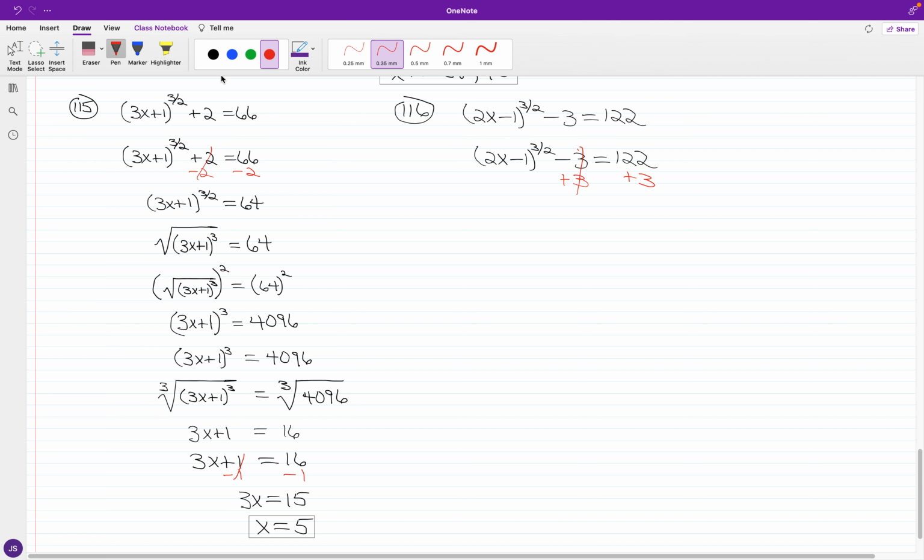Again, if I isolate, I have 2x minus 1 to the 3 halves is equal to 125. And again, just going from non-integer exponent to its radical equivalent, just like what I did earlier. The 2 in the denominator signals that we have a square root. This time this will be the quantity of 2x minus 1 to the 3rd.